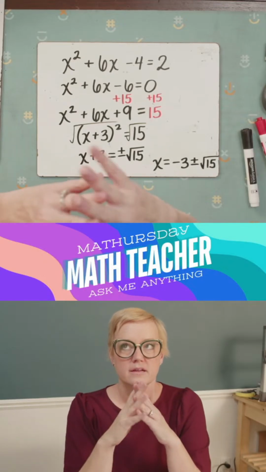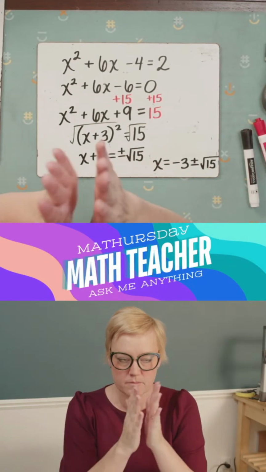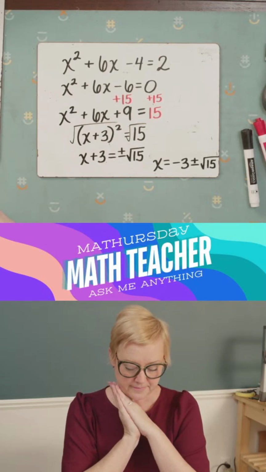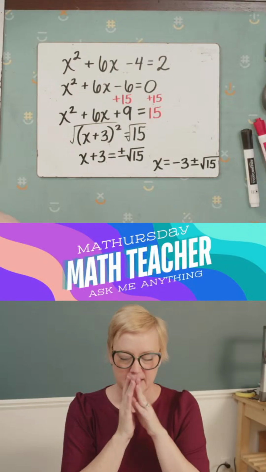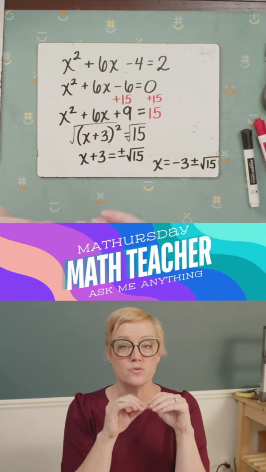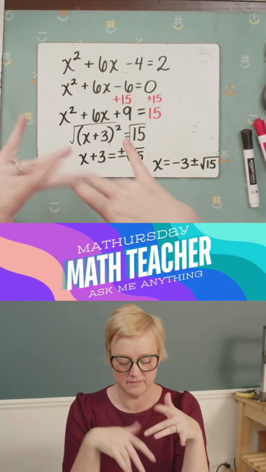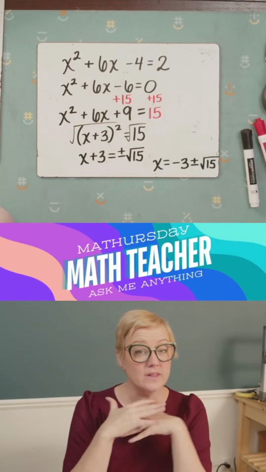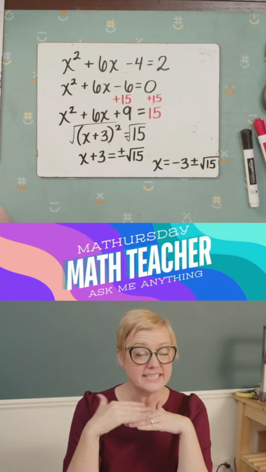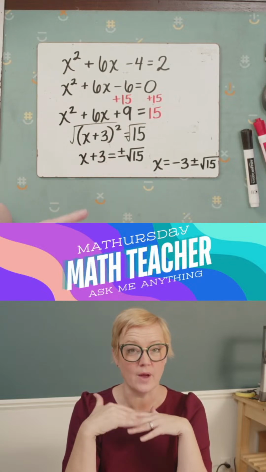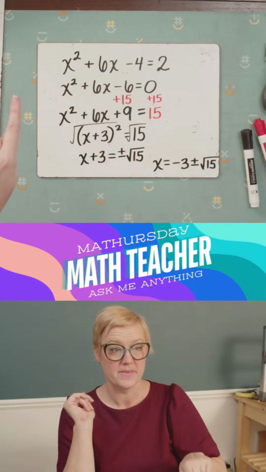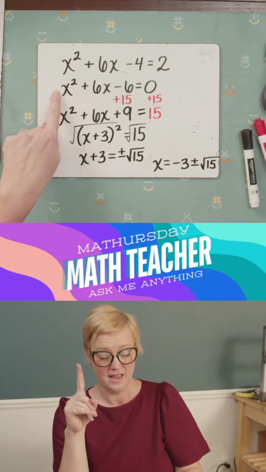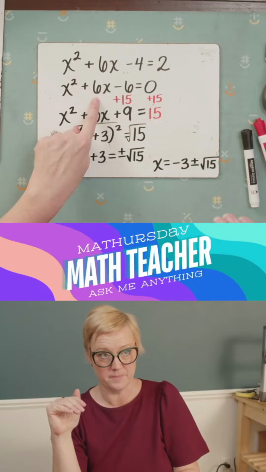Now a little caveat: you can complete the square even if it's a messy equation. I tell my students, and for myself too, I only complete the square if this first coefficient is 1 and this is an even number.